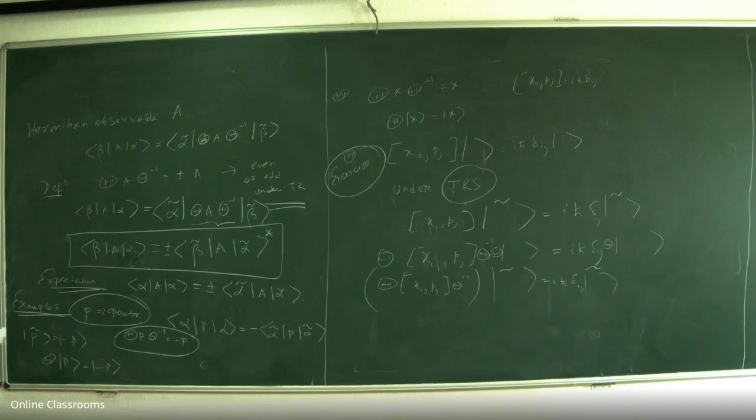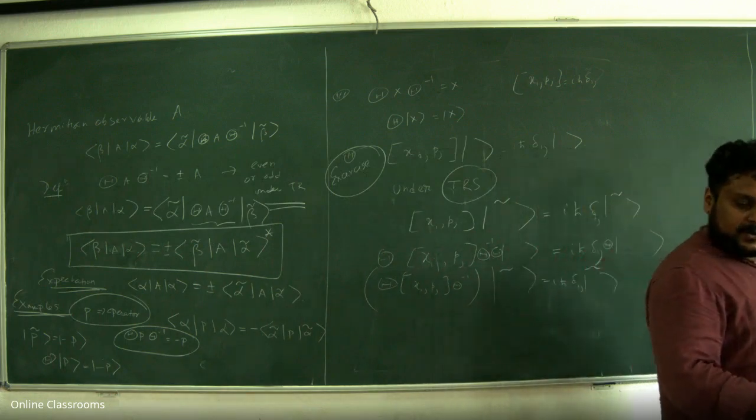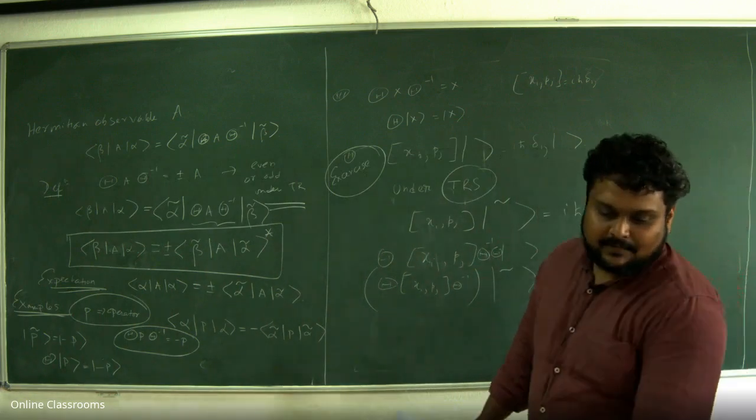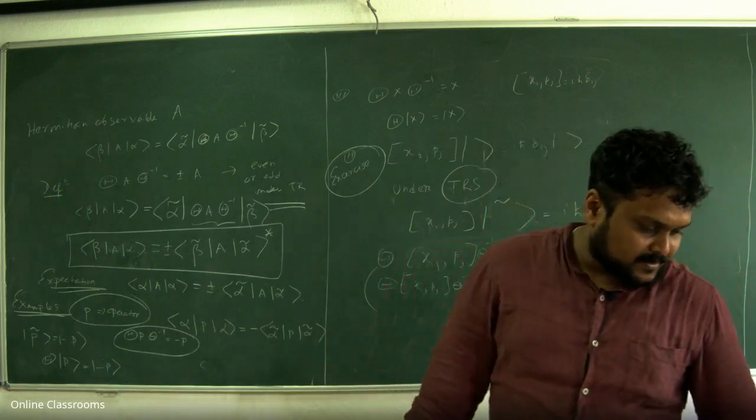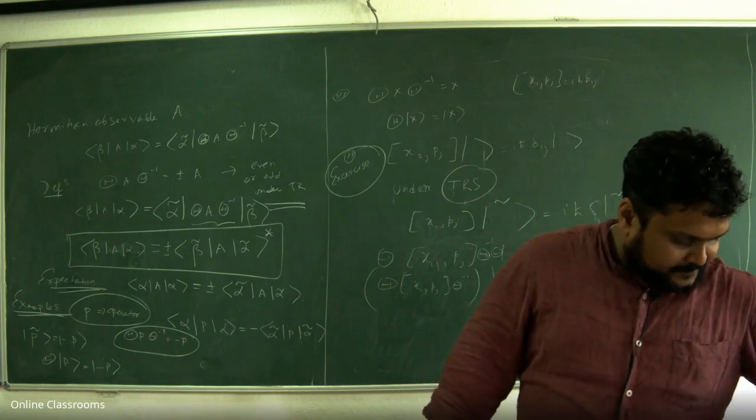Now let's try to understand what I should do if I'm given a wave function and asked to find the time reverse partner in various scenarios. What should I do for that?